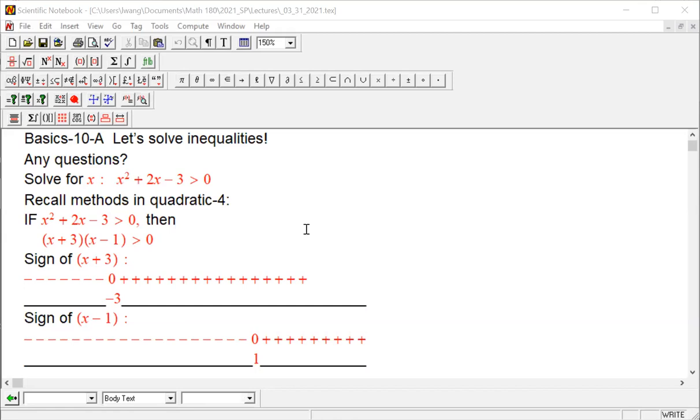Number 6, the sign. A times B: positive times negative is negative, negative times positive is negative, negative times negative is positive, positive times positive is positive. Dividing is also true. A divided by B, if A is positive and B is positive, positive divided by positive is positive, and so on and so forth.